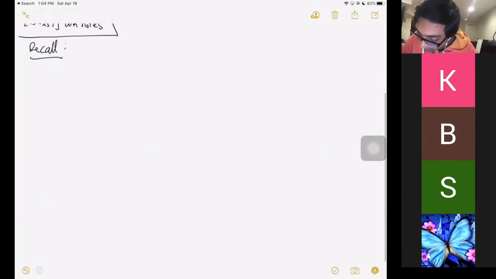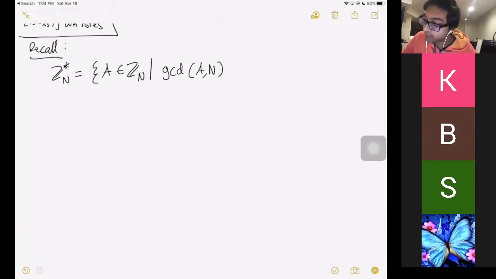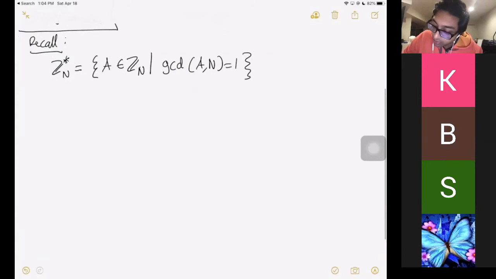The first thing is that we have this group Z star n, the multiplicative group mod n. It's all the numbers from 1 to n that are relatively prime to n. Or I guess 0 to n minus 1, that is the same thing. Specifically, the size of Z star n is equal to phi of n, where phi is the Euler totient function.